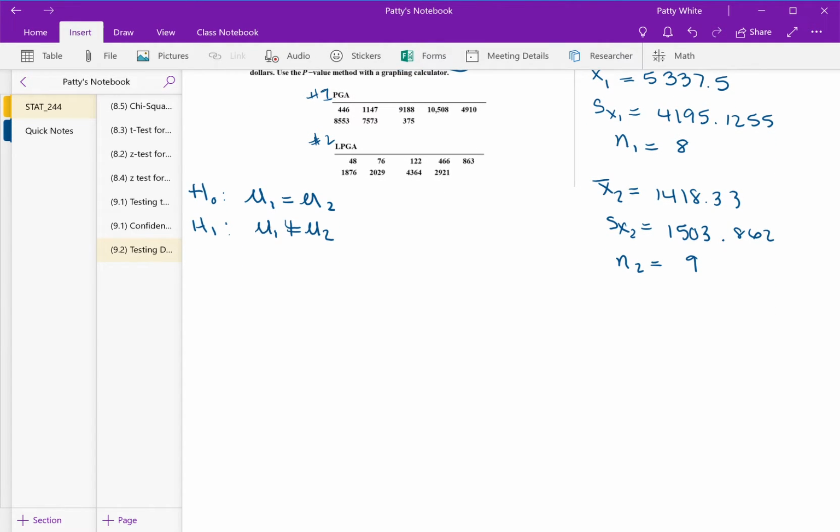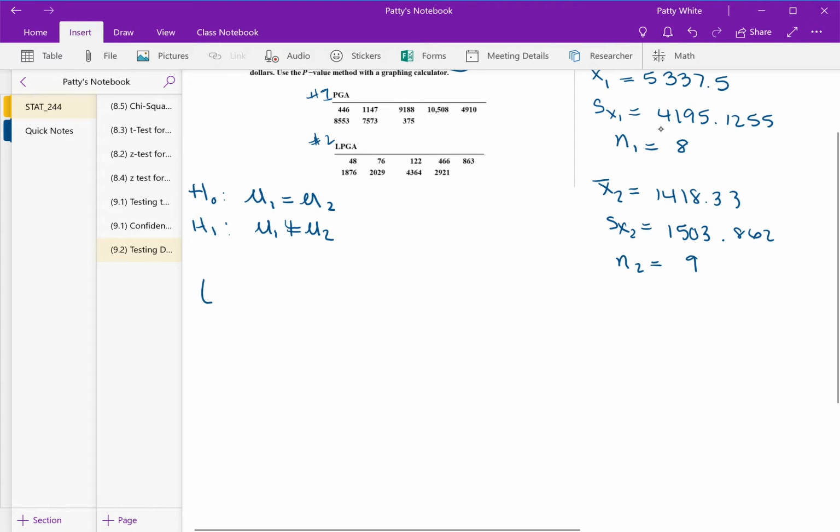My next step is I need to find my test statistic. And since we have two samples of data, then our formula has to account for both of them. Now we have to figure out what distribution we're using. Since we're given sample data, then we are not given anything about population standard deviation or population variance. We just have our sample variance and our sample means. We're going to use the t distribution.